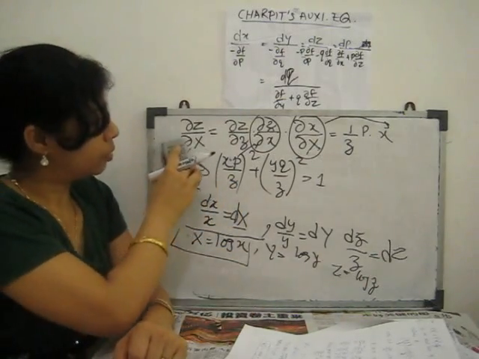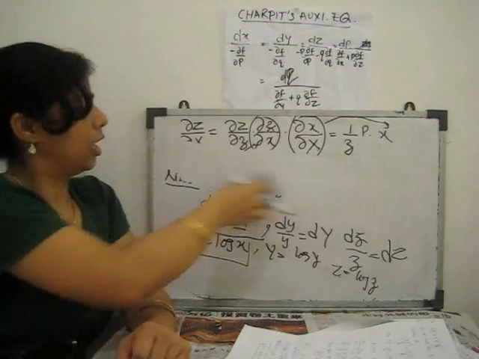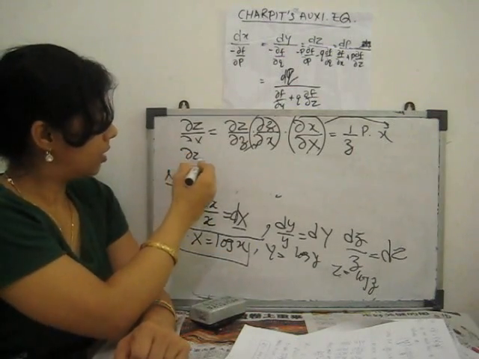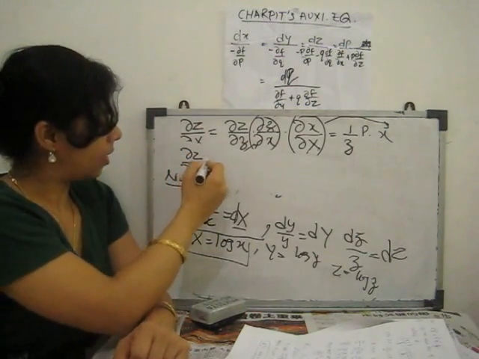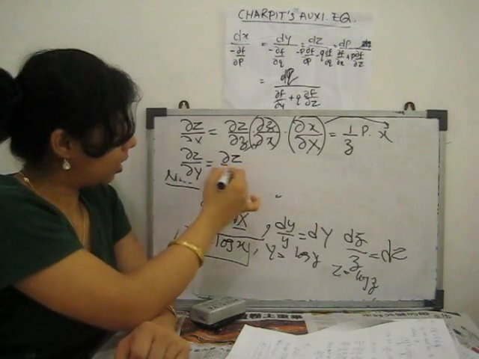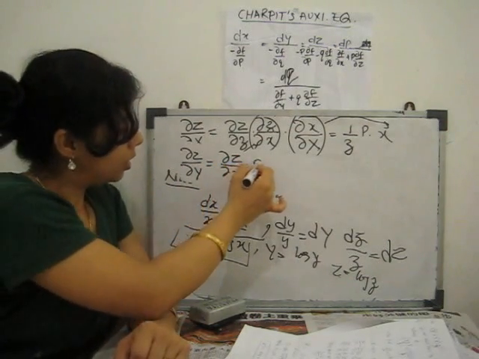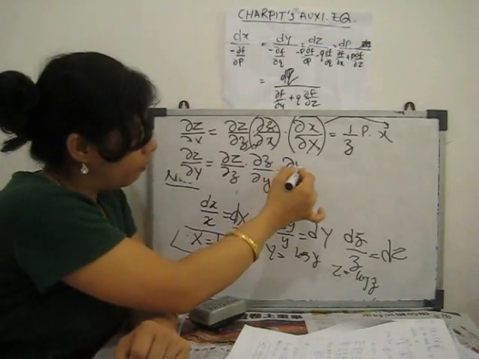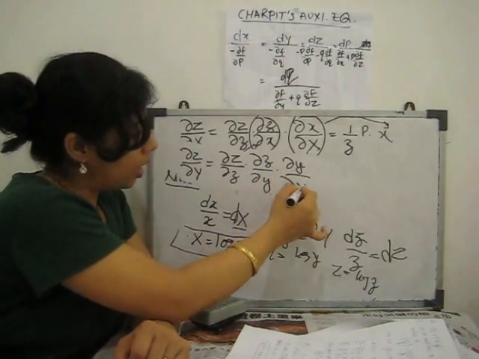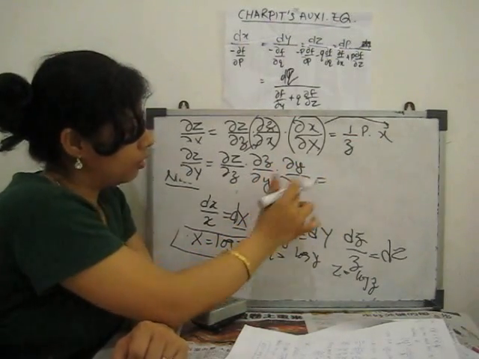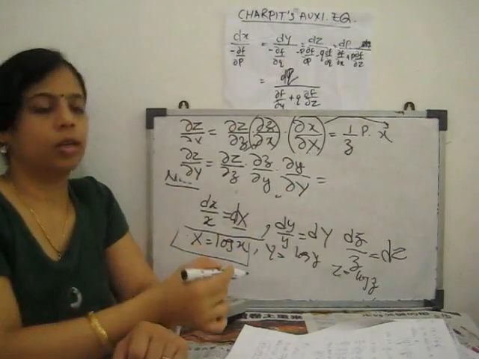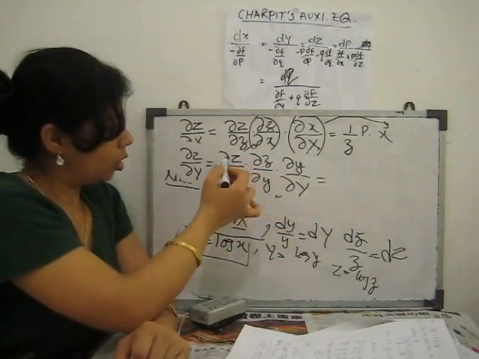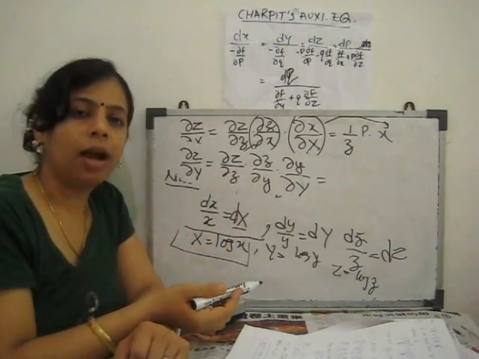Similarly, if we substitute the same way, we want to find del z by del y, capital Y. So del z upon small del z upon del y, sorry, del y. So see, this cancels out, and it is the same del z by del y.